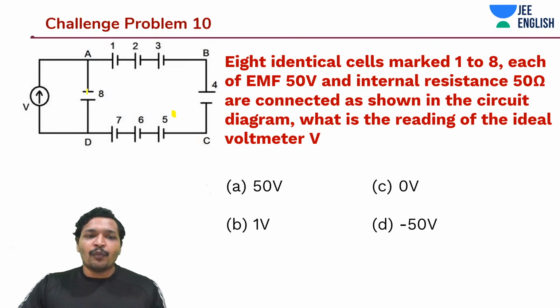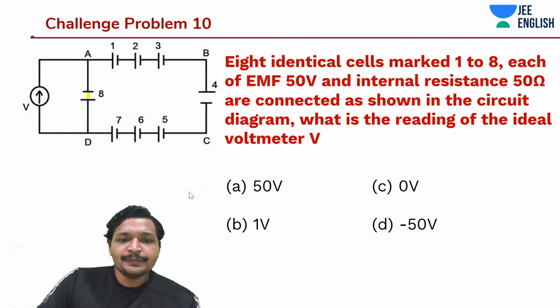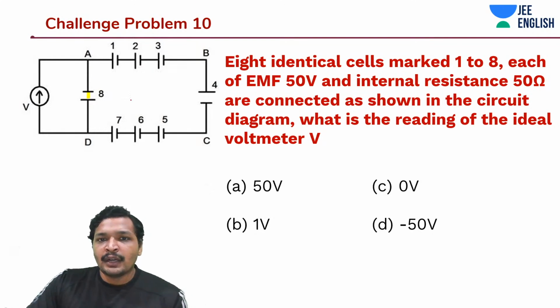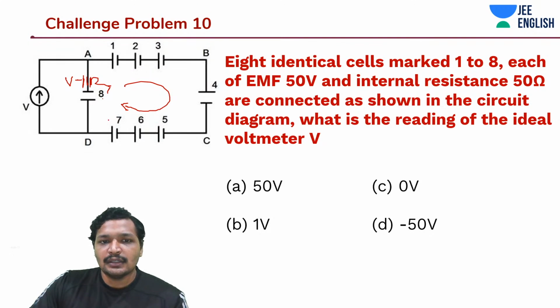You typically go for Kirchhoff's law. You write down all these resistances and voltages, but think about it. You are going to measure V minus IR, and here the cells are either in the same direction or cancelling each other out.